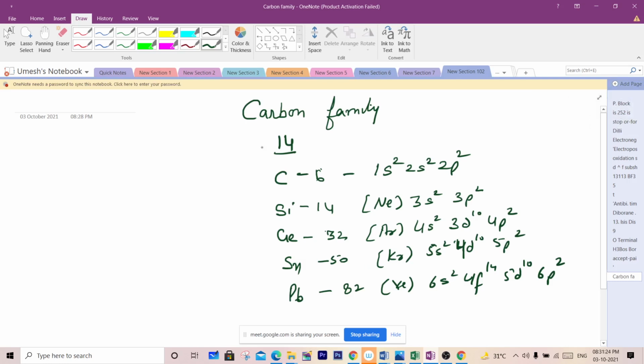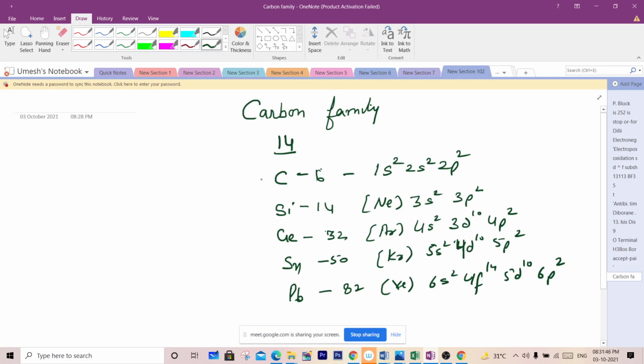As you go down the group, how will the size vary? It will increase. As you go down the group, size increases. What about the enthalpy of ionization? It will decrease.